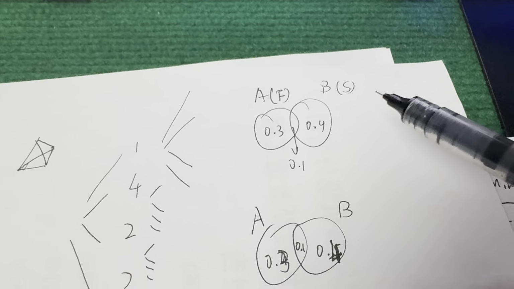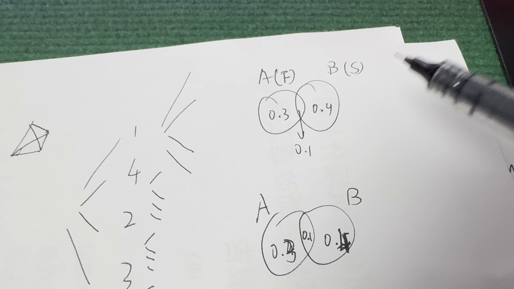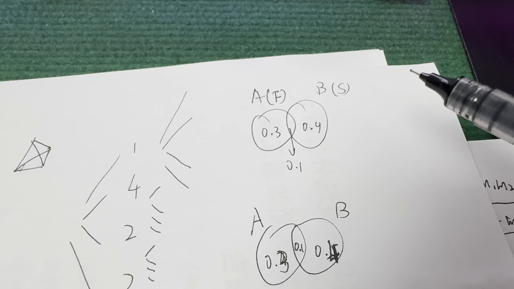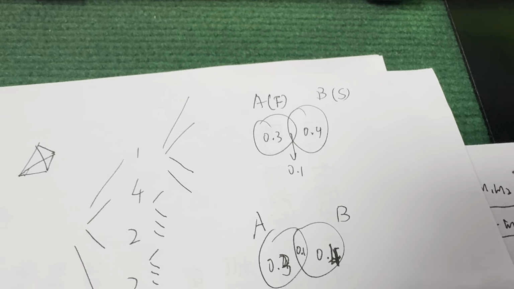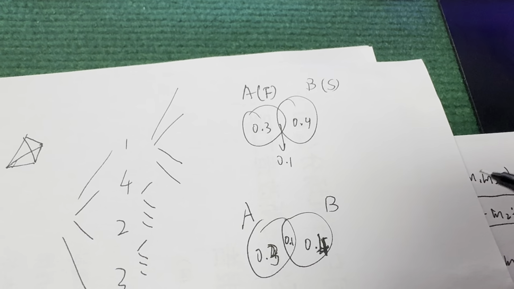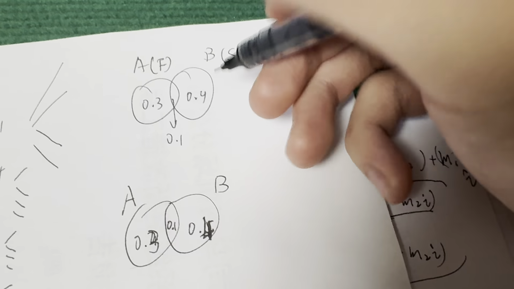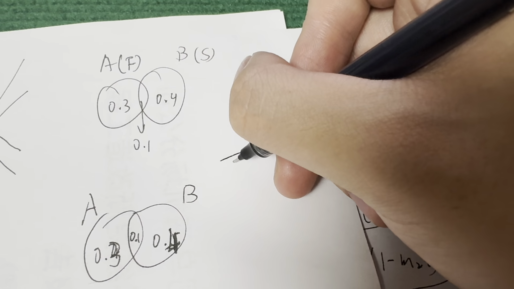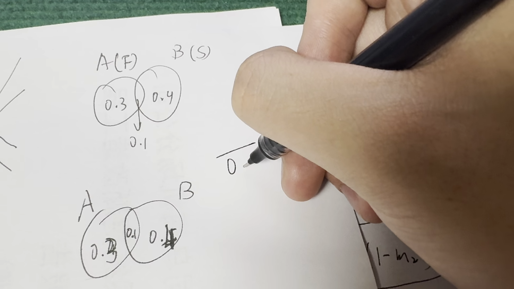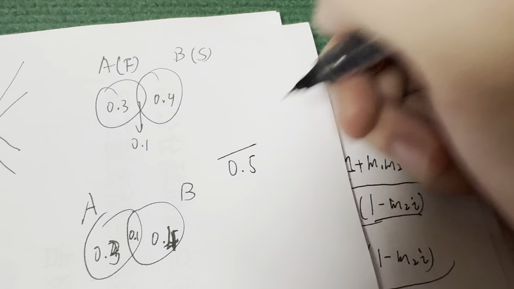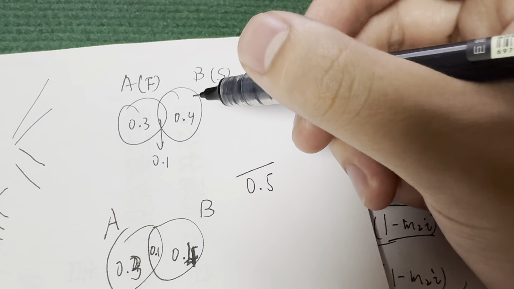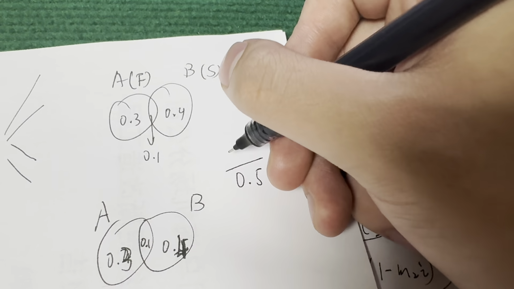Then maybe you want to know the probability that a student who studies Spanish also studies French. We know there's a 0.5 probability that he learns Spanish, and the probability he learns both French and Spanish is 0.1.